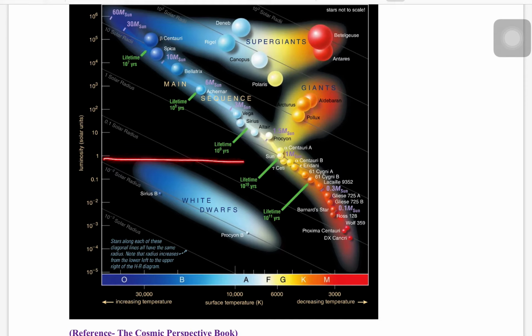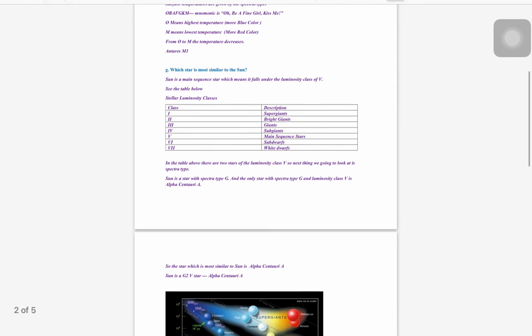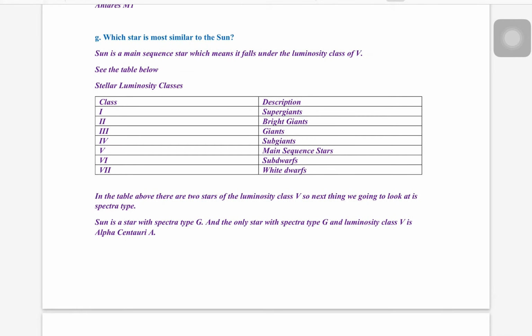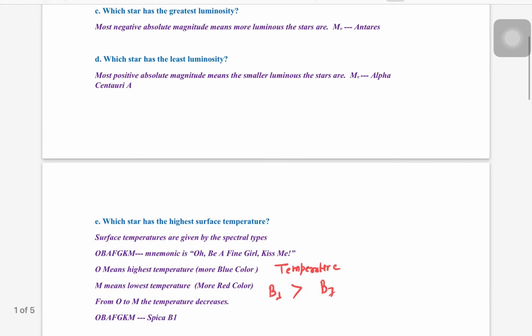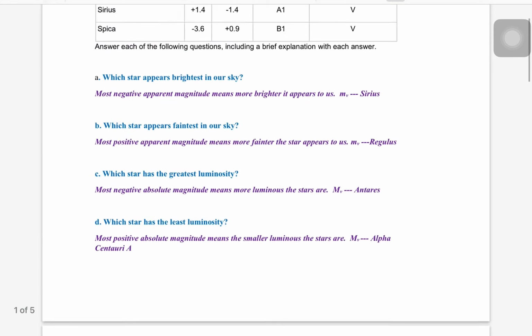All the luminosities are measured with respect to the luminosity of the sun. So the sun's spectral type is G. Okay, so the one piece of information we know about the sun is spectral type G. And now let's talk about the stellar luminosity classes given here.